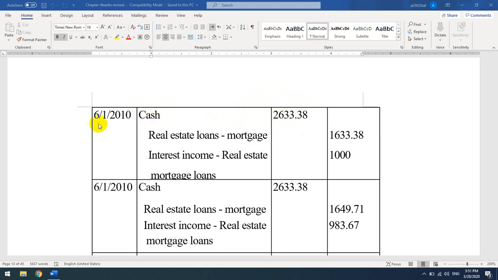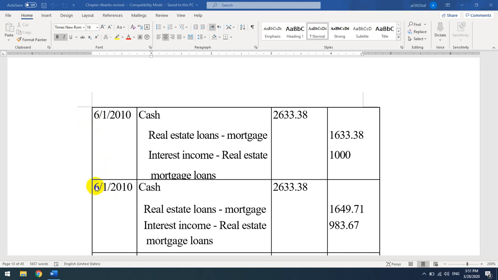As you see, by the end of May, first day of June, cash is debited by this amount. By the end of June and the first day of July, this date has to be July 1st, 7 instead of 6.